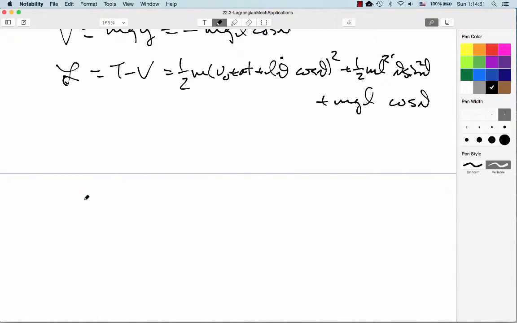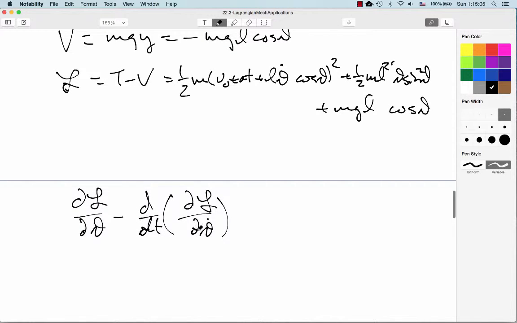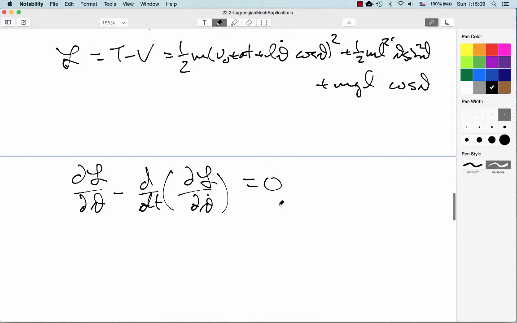The Lagrangian equation of motion is going to be partial L partial theta minus d dt of partial L partial theta dot equals 0.